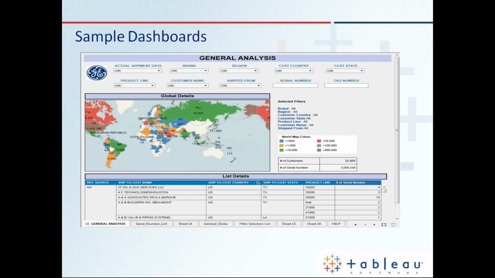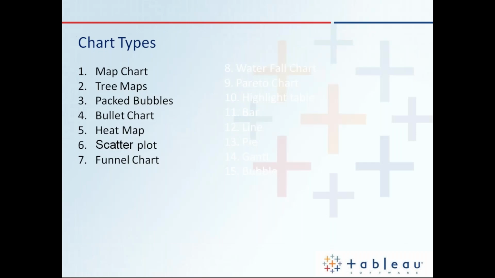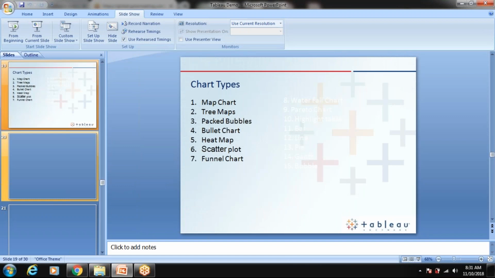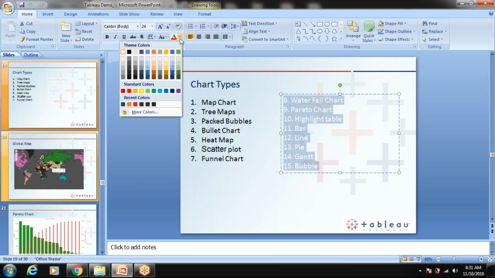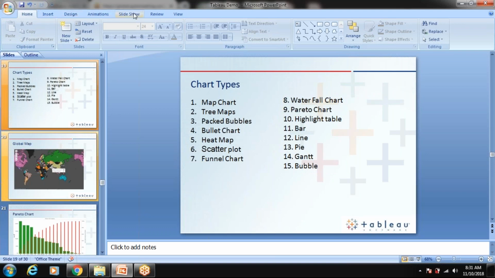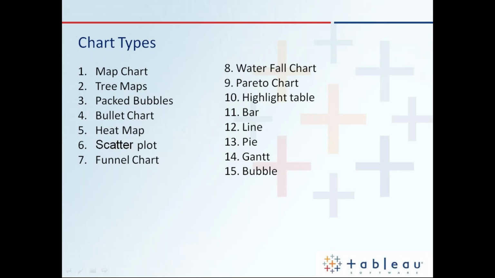Okay, and this is a sample dashboard which I already showed you. What are the different types of charts? We have multiple charts over here. Okay, we have map charts, tree maps, packed bubble, bullet chart, heat map, scatter plot, funnel chart, waterfall chart.